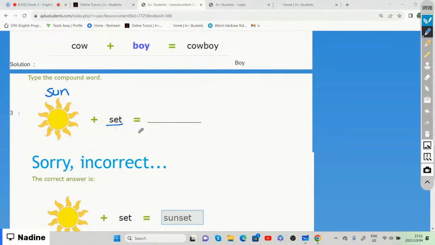So sun plus set is sunset, right? This is the compound word. It is made up of two smaller words that we join together, and then we get this one big compound word. So sun plus set, and that is sunset.